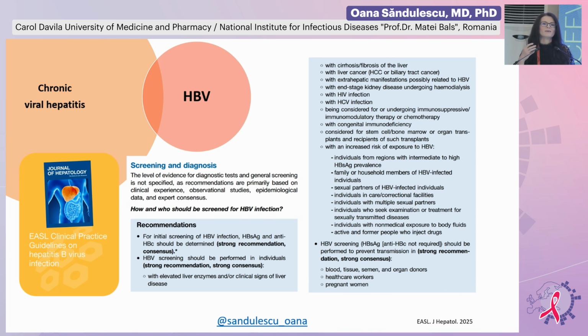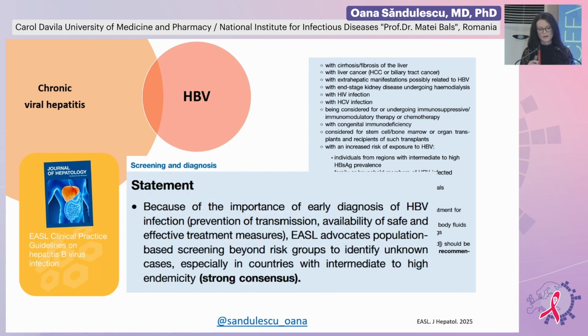But apart from that, there's an umbrella statement saying that because of the importance of diagnosing patients early, and because we have treatment options that are safe and effective, it's becoming more and more important to move diagnosis earlier in the course of disease. We shouldn't wait for the signs of liver disease to be present, and we should be proactive.